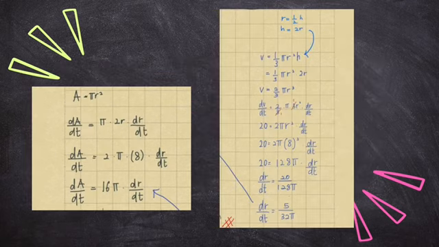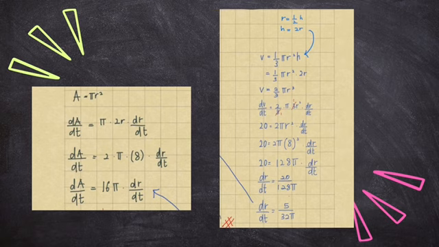Next, we need to construct a formula or equation that relates the variables in the first step using the area equation, which is A equals πr². And then you need to differentiate the area equation with respect to time.